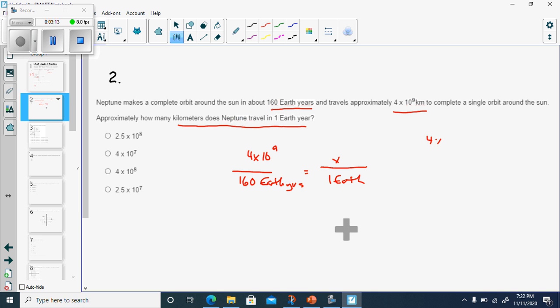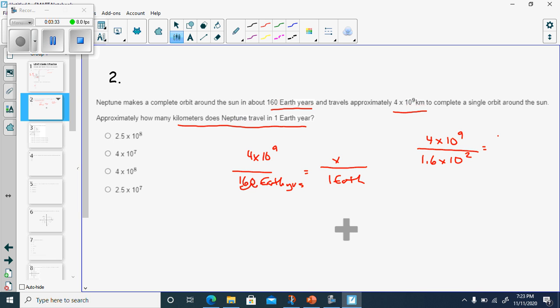I've got 4 times 10 to the 9th. Let's convert this to scientific notation. That would be 1.6 times 10 to the, well, let's see. I'm moving it 2 places. All right, so, and it's a big number, 1.6 times 10 to the 2nd.